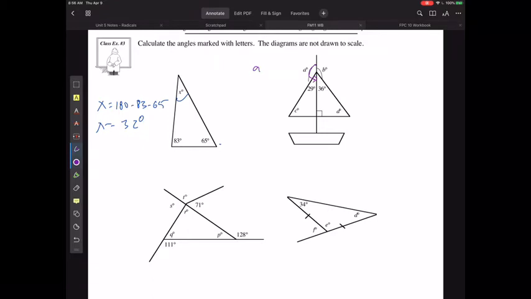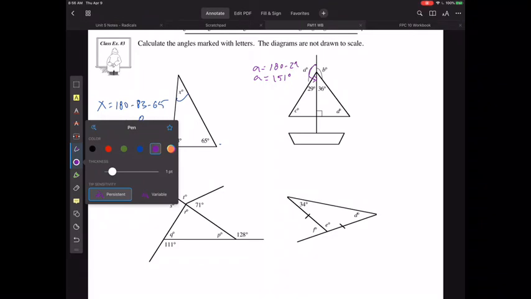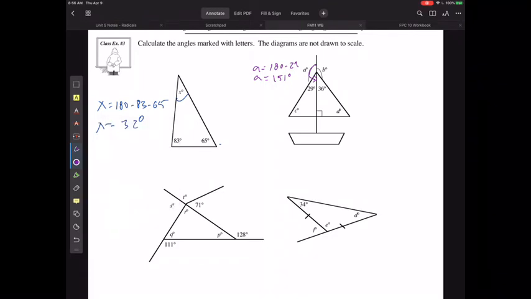So A is going to equal 180 minus 29. A happens to equal 151. I can say that B and the 36 degrees are also supplementary because they're going to be on the same straight line. And B is going to equal 180 minus 36. So B is equal to 144 degrees.